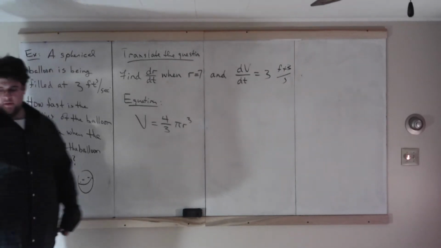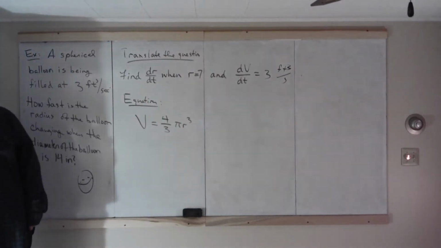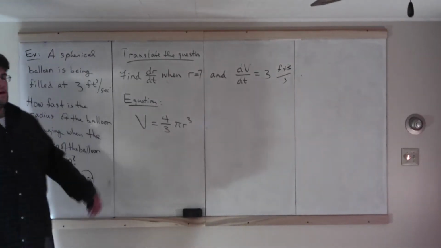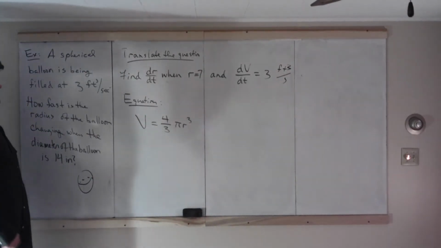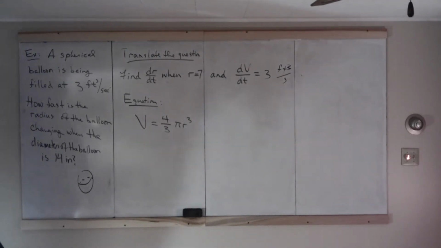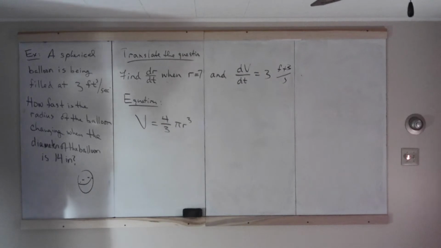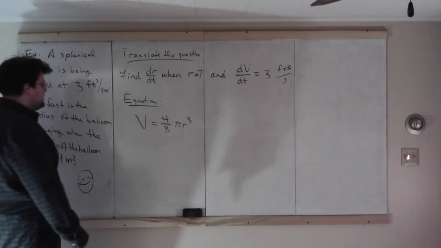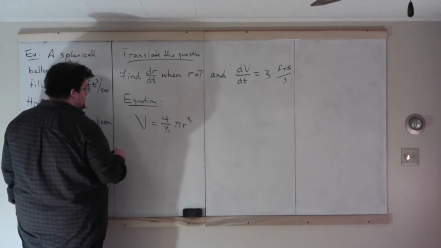There was one, I think on a final one year. We didn't talk about cones at all in the semester, but on the final I asked about cones, so I gave the formula for volume of a cone. But if we have seen it, I won't give it to you. So here we have our equation relating volume and radius. Now we just need to differentiate with respect to time and solve.